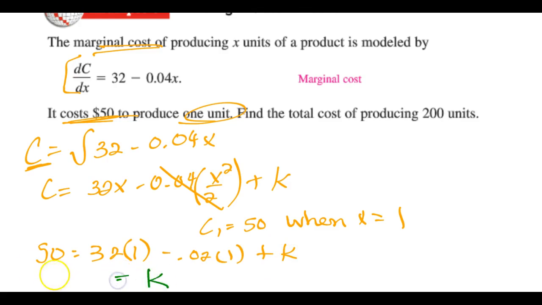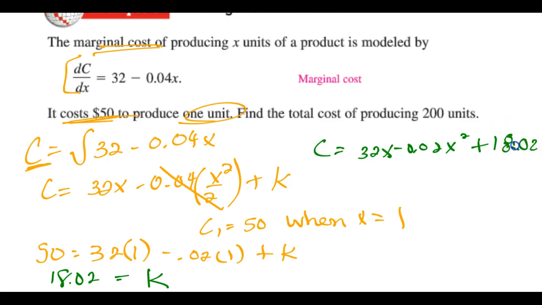And I think k will turn out to be $18.02 if you do the number crunching there. So then we could go ahead and write the equation. C is equal to 32x minus 0.02 x squared plus $18.02.